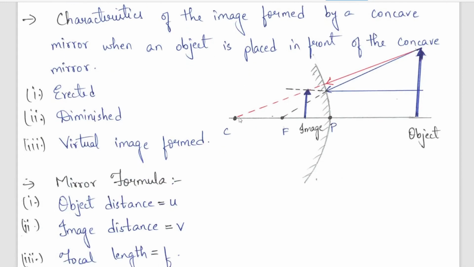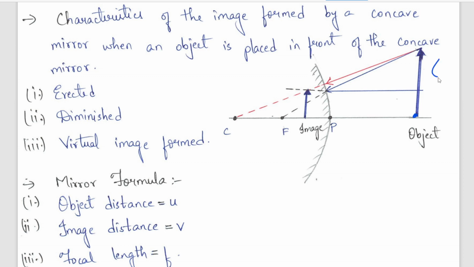Next, we will see the characteristics of the image formed by a concave mirror when an object is placed in front of the concave mirror. So we are placing an object in front of the concave mirror, that is, it is placed here.